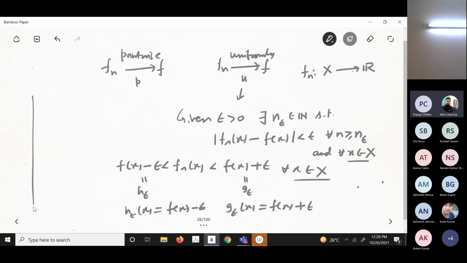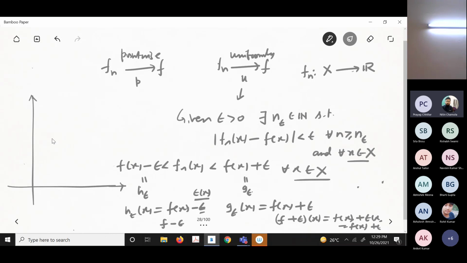So if you draw the graphs like this, this is your x-axis, and this is your R. That is sometimes presented geometrically. Now look, epsilon is a constant function. This means epsilon(x) doesn't depend on x. So basically it is a constant function. So you are getting the function f minus epsilon. Here you are getting f plus epsilon. Because if you take f plus epsilon, by the definition of addition of two functions, f(x) plus epsilon(x), but epsilon is a constant function. So this is f(x) plus epsilon. Similarly for that.